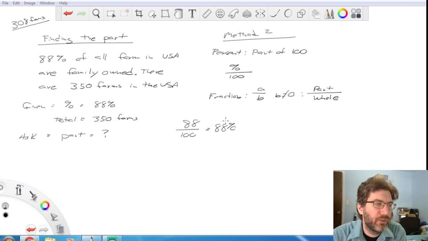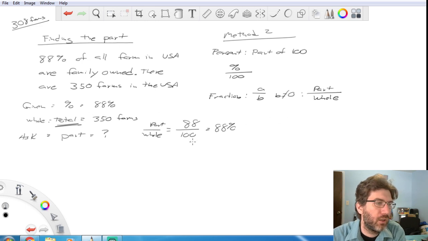So 88 over 100 is your percentage. And you also know that's a fraction, so that also equals a part over a whole. And when you start reading your context here, you're going to find out that you have a total, which is a whole.